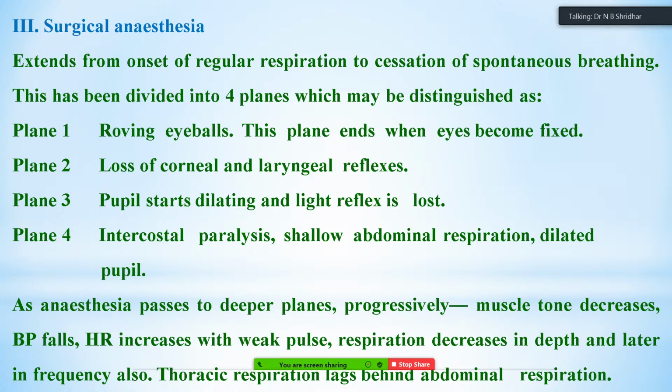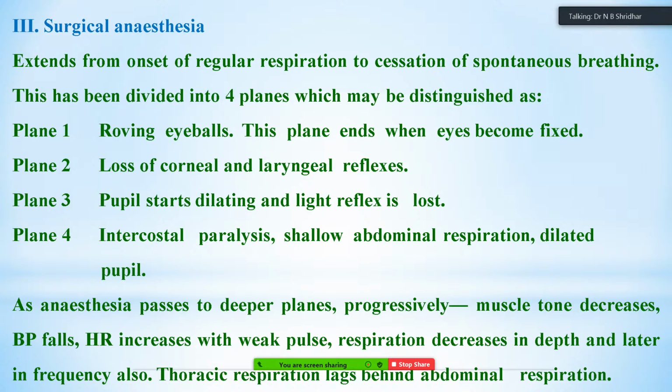In plane 3, the pupil starts dilating and the light reflex is totally lost. If you shine a torch, pupillary constriction will not be seen in the patient. Whereas plane 4 is the paralysis of the intercostal muscles, and shallow abdominal respiration will be seen, because usually the respiration is abdominal type, but it will be very shallow, and pupillary dilatation will be seen.